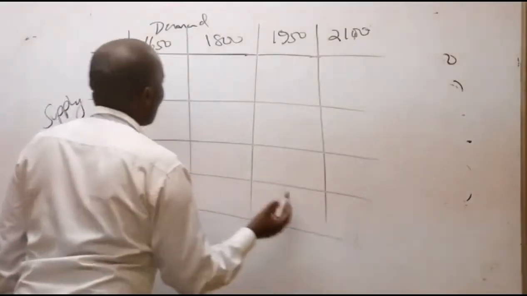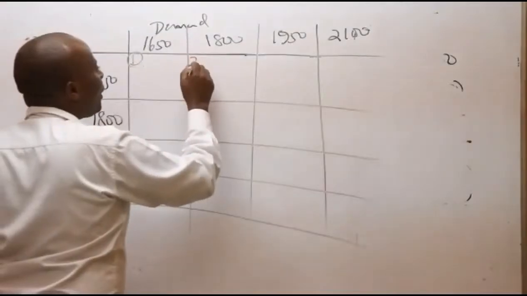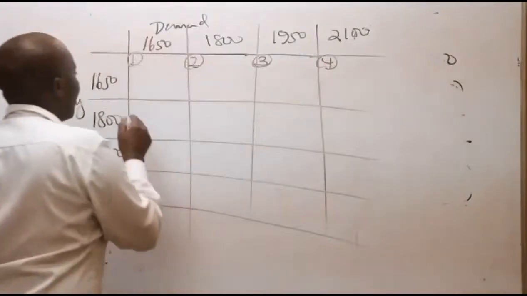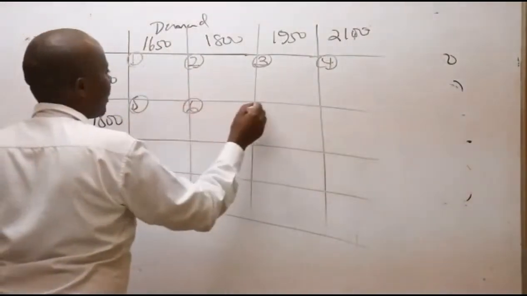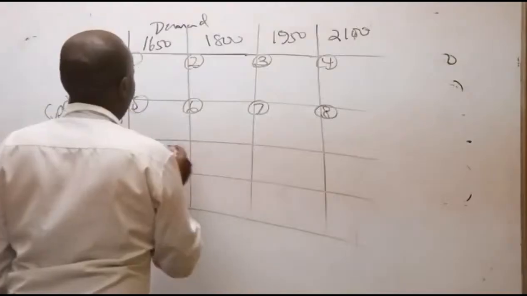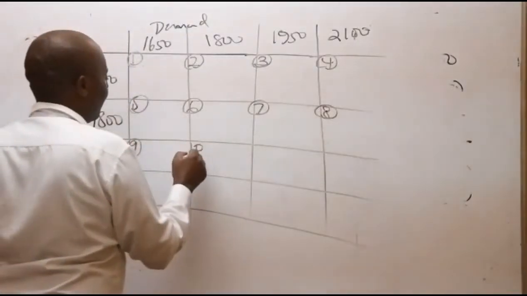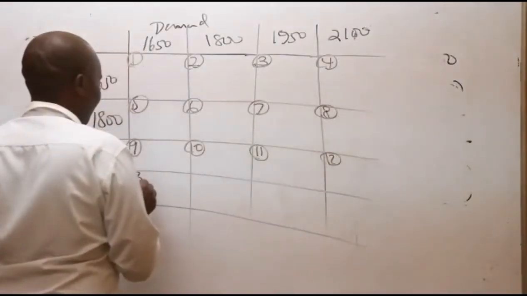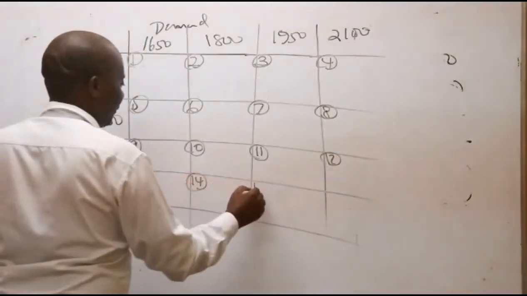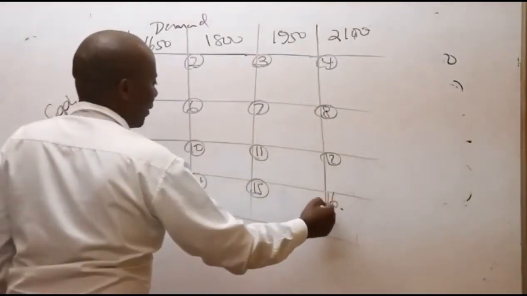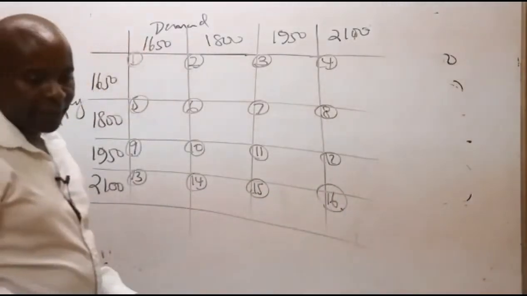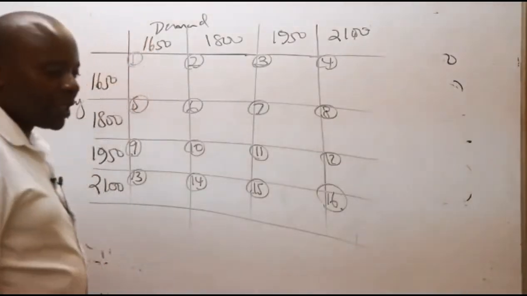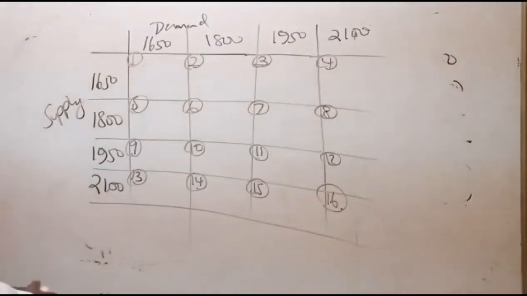I'm sure each one of us drew this, which is a great step forward. So I would want us now to get payoffs for cell number 1.